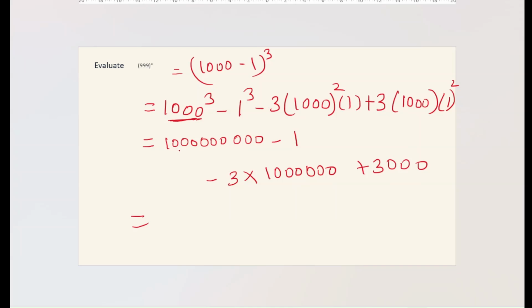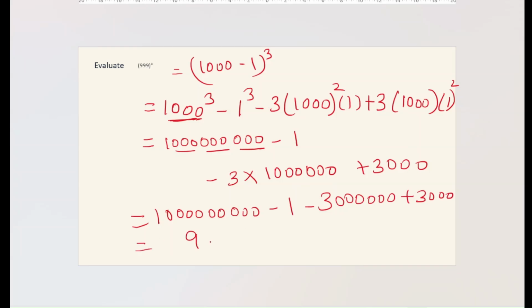Cube, so 9 zeros. Then minus 1, minus 3 with 6 zeros, plus 3000. Now solve it. What answer are you going to get? 997002999. That's the answer. Next.